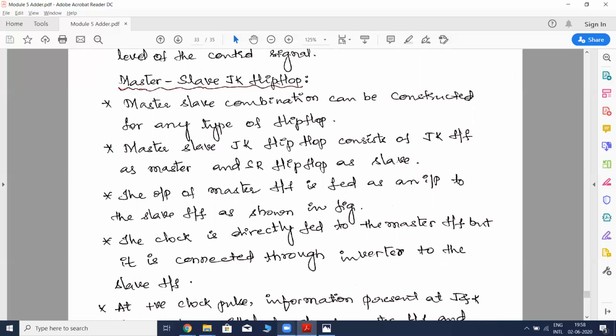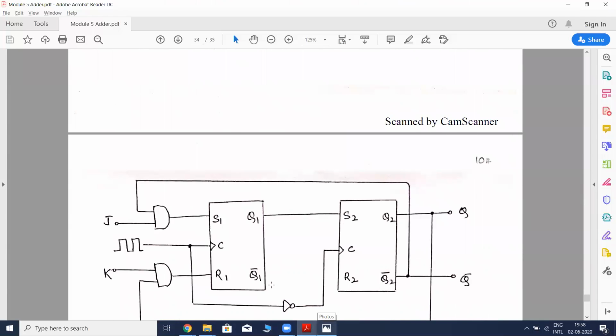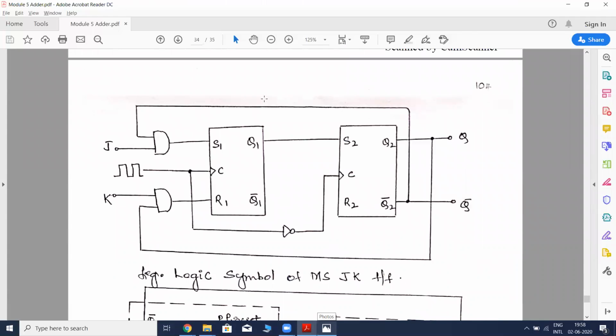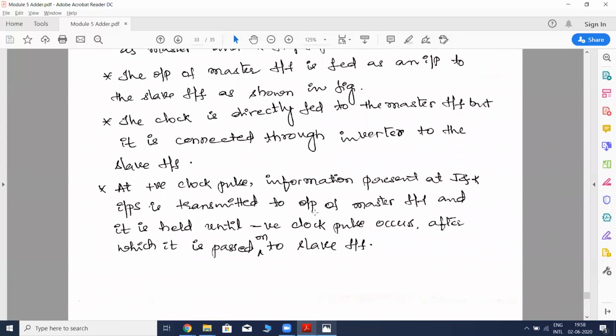But the clock signal is not directly given to both flip-flops. Initially it is given to the master flip-flop, and it is passed through the NOT gate, after that it is given to the slave flip-flop. That is the speciality of master slave flip-flops.